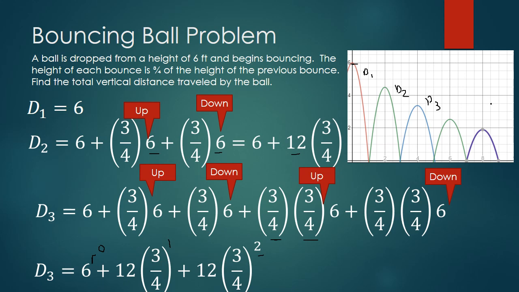And if I did this again, d sub 4 would be a r to the 0, a r to the first, a r to the second, plus a r to the third, because I'd have 3 bounces that I had to do. So this is a geometric series.